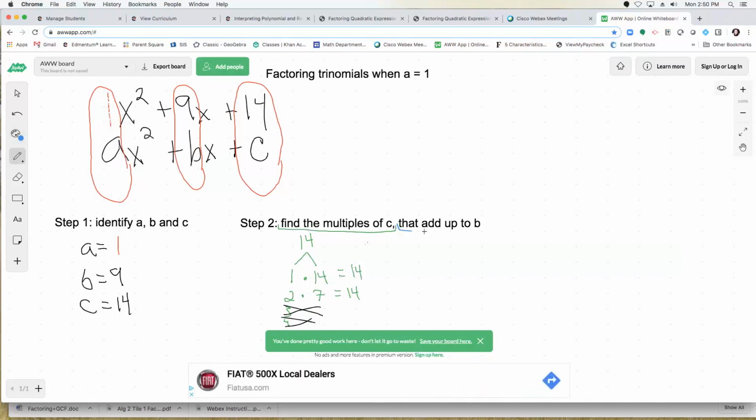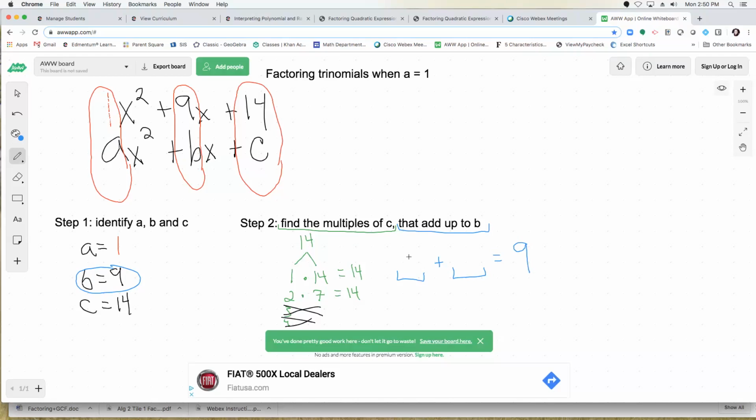Now, which set of multiples add up to B? Well, what is our b? Our b is 9. So which one of these two pairs, something plus something, gives me my b, which is 9? You can play around with them, especially if adding and subtracting numbers in your head is a bit difficult.